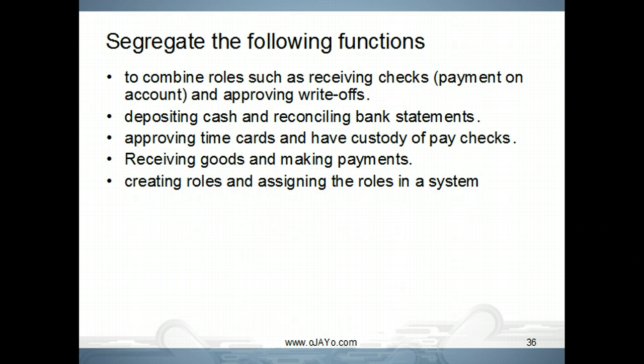Depositing cash and reconciliation of bank statements should not be combined to a single user or a single role. Approving time cards and have responsibility of paying checks again should not be combined. Receiving goods and making payments, creating roles and assigning the roles in a system can also introduce a risk.